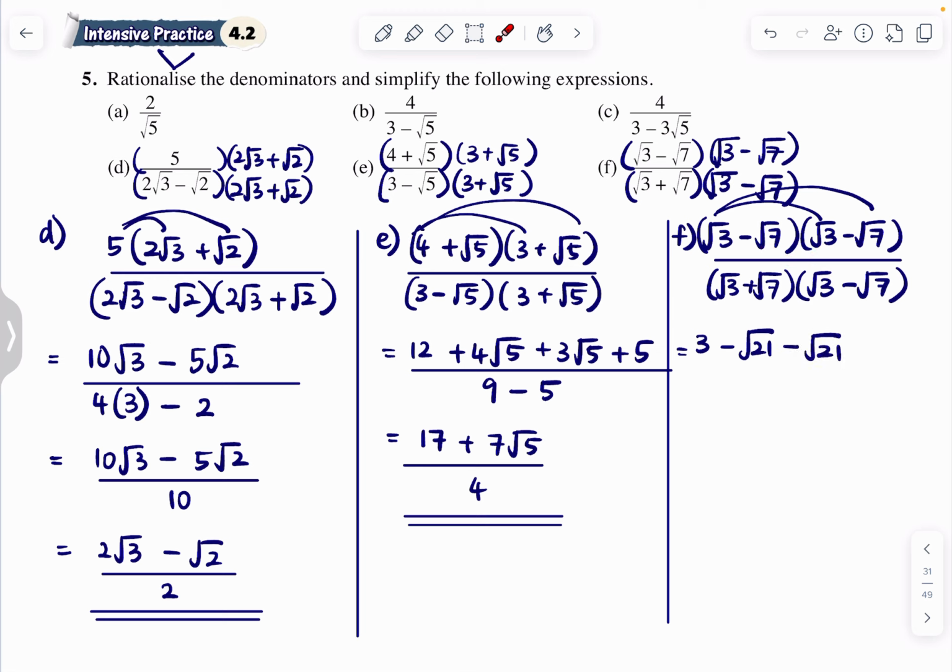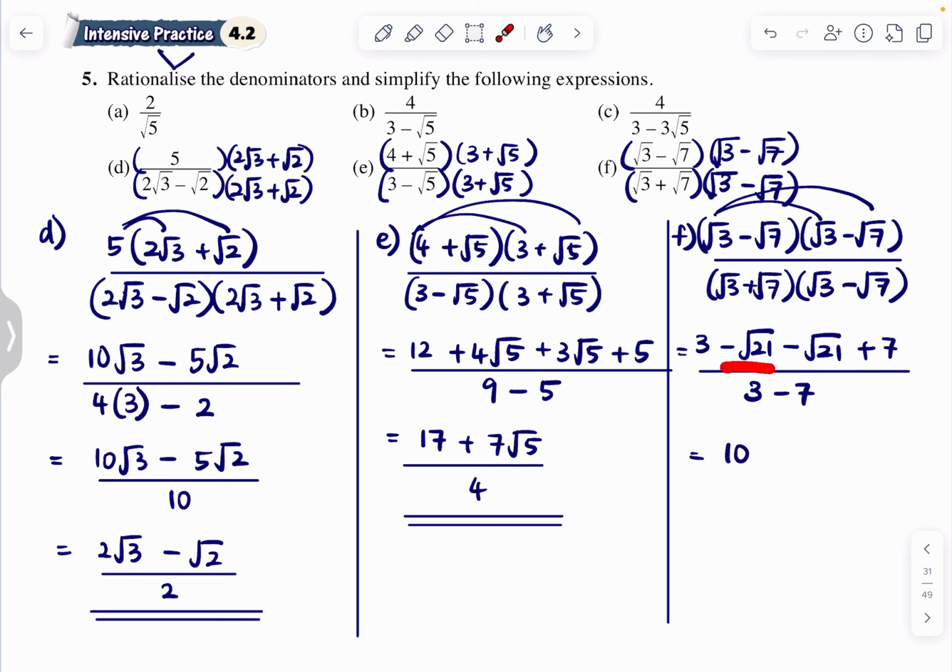And then this times this will be negative negative positive 7. Then bottom we expand, we use the shortcut. This times this is just 3. This times this is minus 7. Okay. So 3 plus 7 is 10.